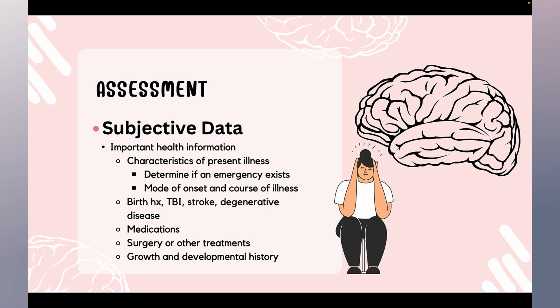If we determine that they aren't, then it may be important to discuss their condition with somebody else, such as a spouse, a caregiver, somebody who lives with them, somebody who's close to them and knows them, to get the accurate information we need. It is always important, of course, to ask permission from the patient first to discuss their care and their health with somebody else.